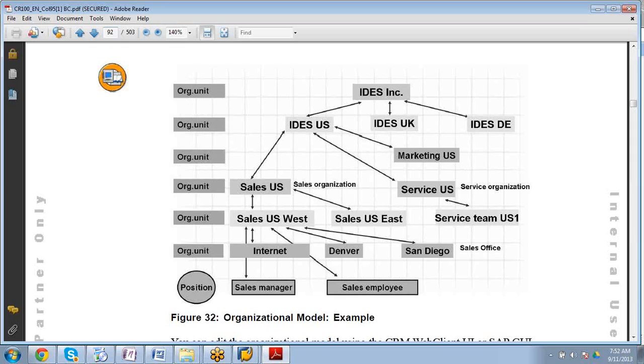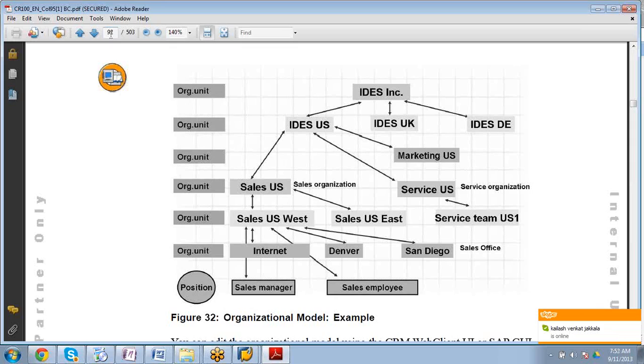If you can see, the departments are here, countries are here, organizations are here. The word organization in SAP, in any module, like purchase organization, sales organization, service organization, will play a very, very important role.